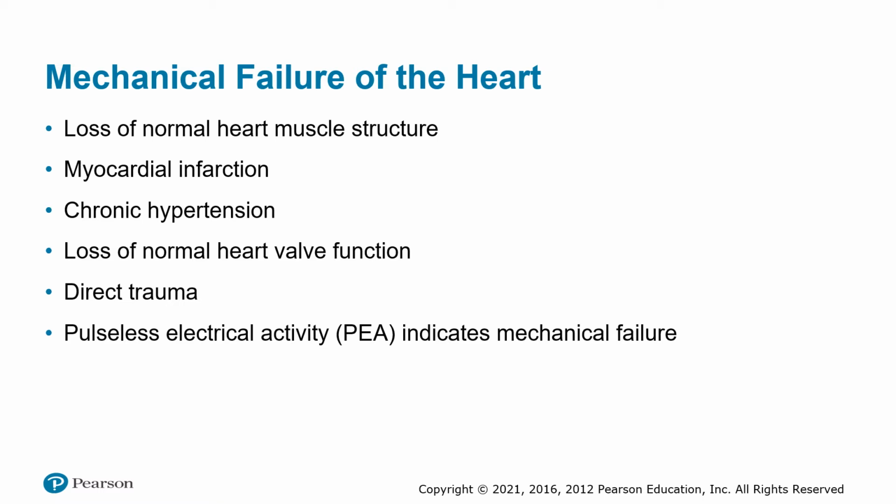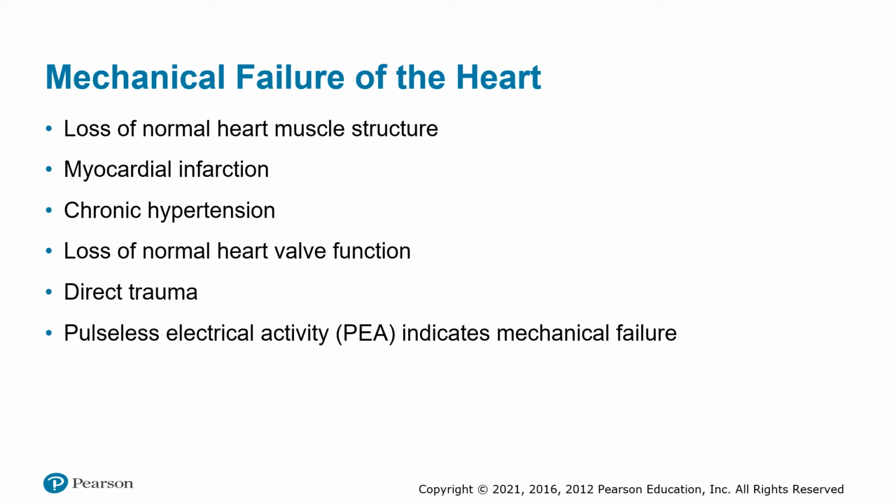We have mechanical failure of the heart, where we have loss of muscle from something like a myocardial infarction or chronic hypertension. You also have loss of normal heart valve function. The heart valves are supposed to allow the blood one way in so that it doesn't backflow.